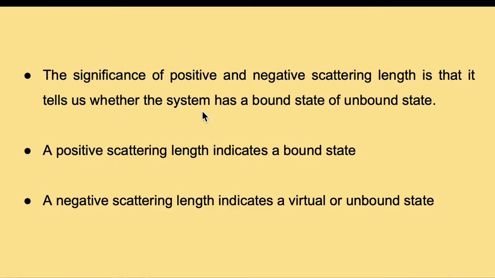The significance of positive and negative scattering length is that it tells us whether the system has a bound state or unbound state. A positive scattering length indicates a bound state, and a negative scattering length indicates a virtual or unbound state.